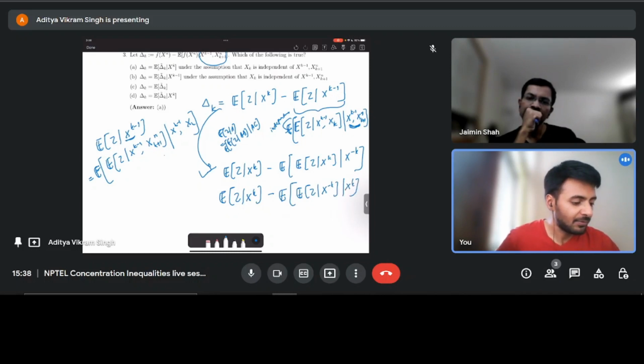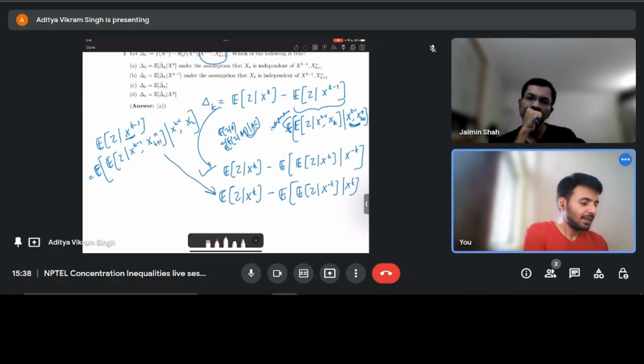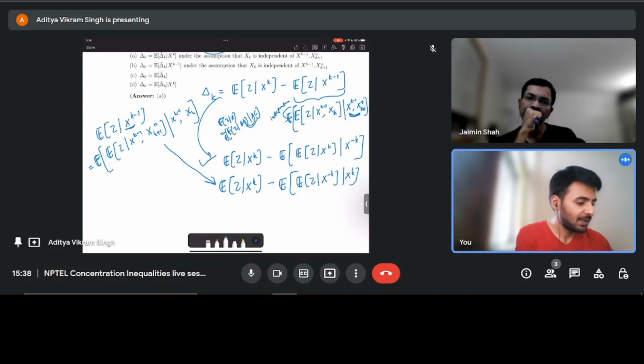Okay, that comes from here. I just interchange the role of B and C, and so now you have this common xk outside, and so you can write it as expectation of z minus expectation of z given x minus k, given x of k.